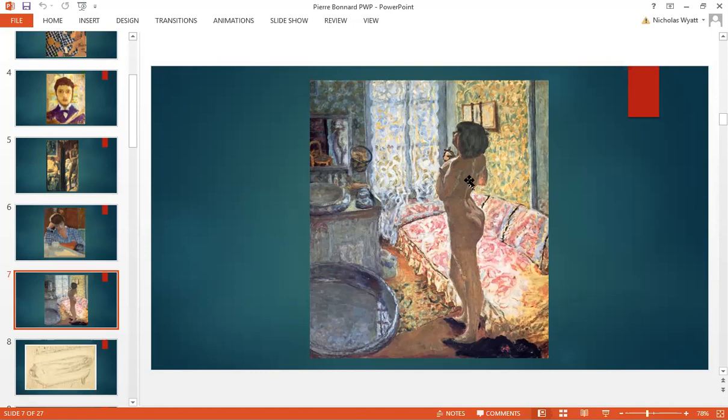So you see these lovely powder blue highlights of light, reflected light, because that's direct light coming to the front of her body from the window. But the light here on her back, that's all reflected light.